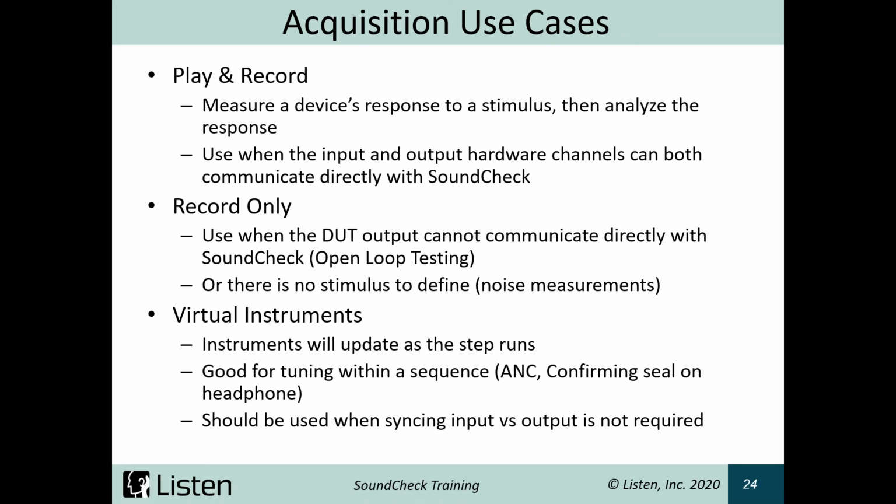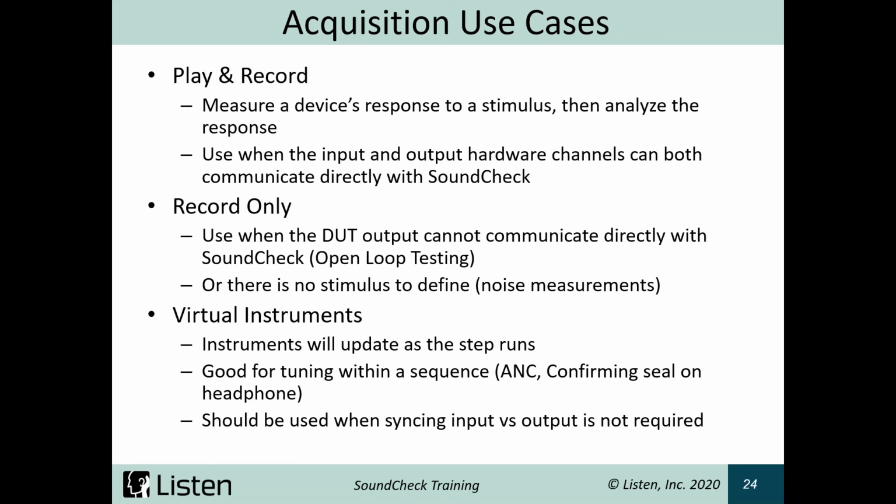What I could do is take my stimulus, save it as a WAV file, put it on my device, and then play it out. When I do that, I could use a record acquisition step to take that data from my external device, bring it into SoundCheck. Then I could go ahead and analyze that versus my stimulus the same way as the play and record step.